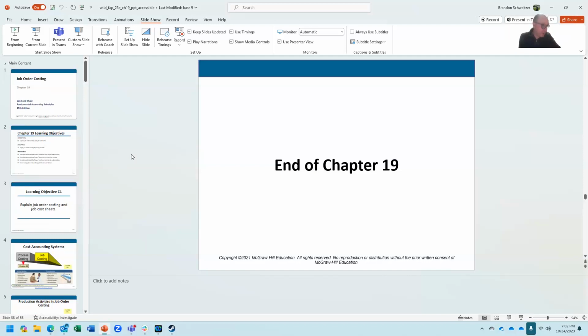Hopefully this was a very helpful lesson. Hopefully this was very useful for you. One of the things that you can take away from this, of course, is remember as you are studying cost, I want you to think about the physical flow of the materials as it goes through the manufacturing process.